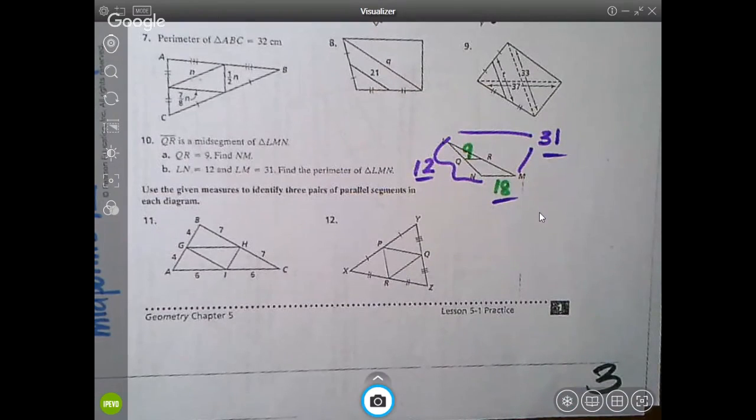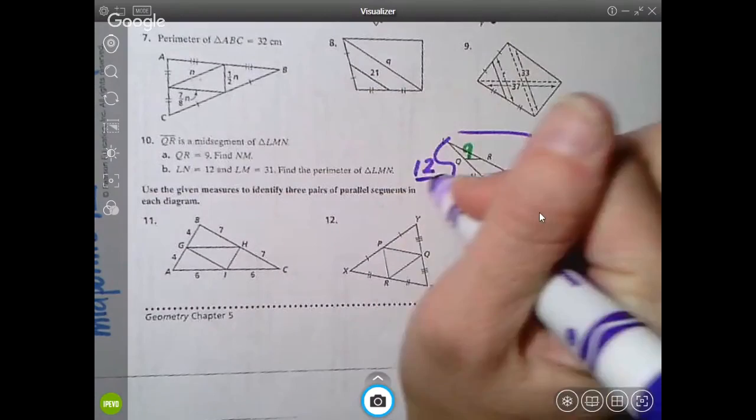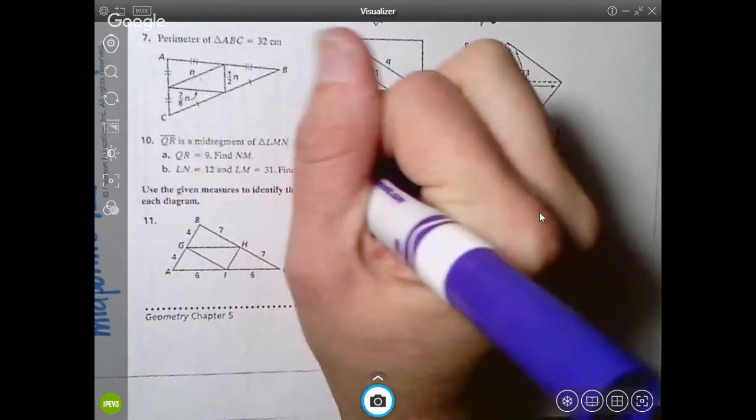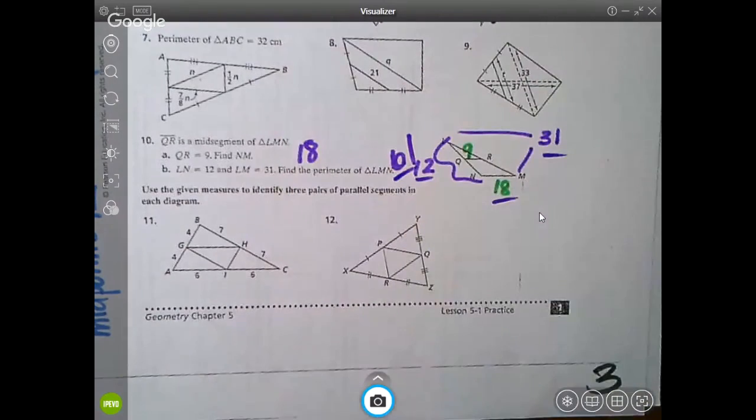No. Why? It's inside, not outside. So that gives me 30, 61. This was 18, and this is 61, because 12 plus 18 is 30, and then 30 plus 31 is 61. So 10B is 61.